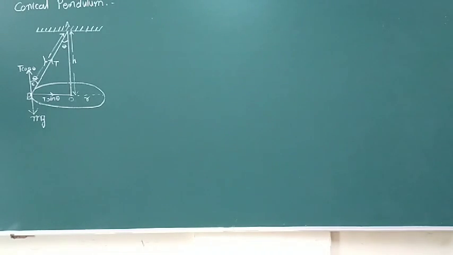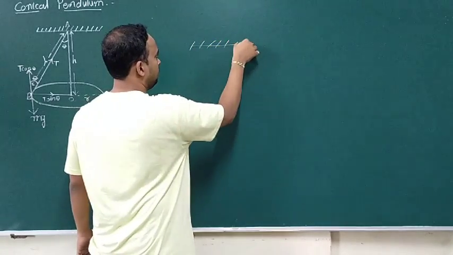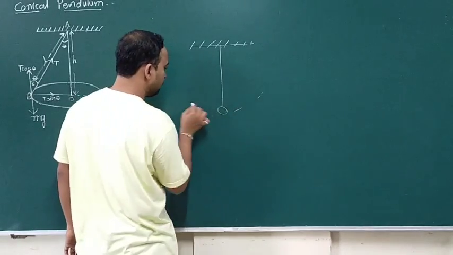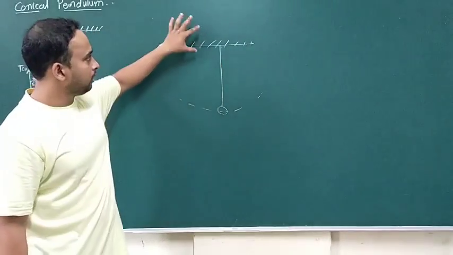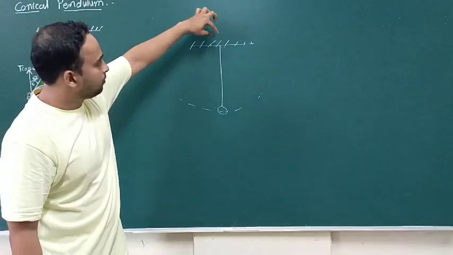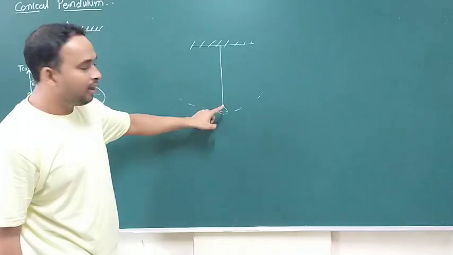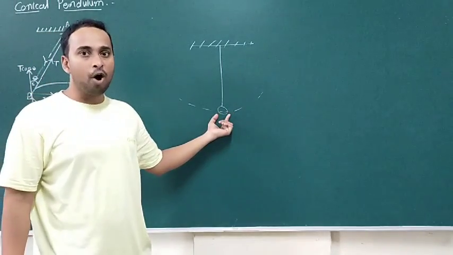Now next point, that is conical pendulum. We already studied the simple pendulum. This is the rigid support, string, one bob is attached. What is meant by simple pendulum? One end of the string is attached to the rigid support, and another end is attached to the bob.